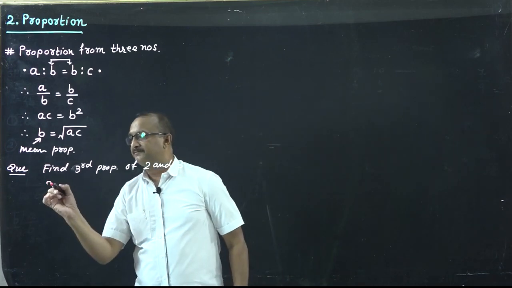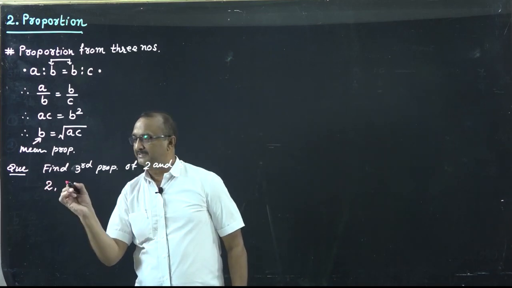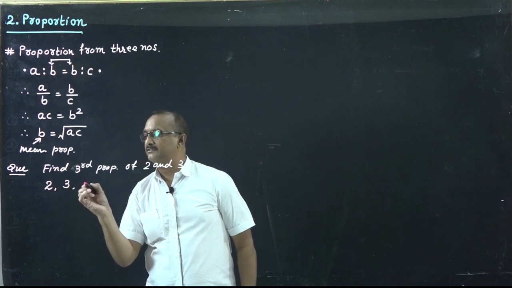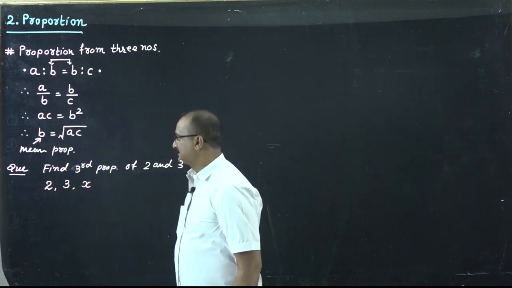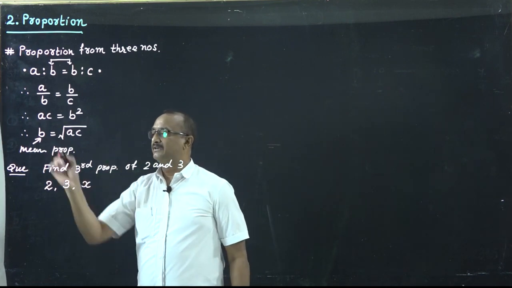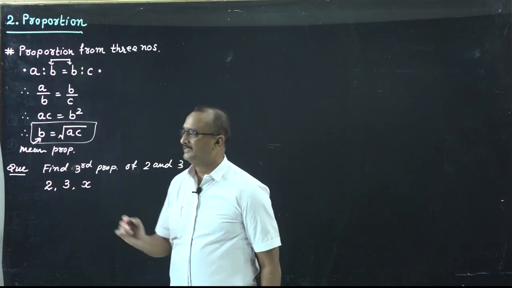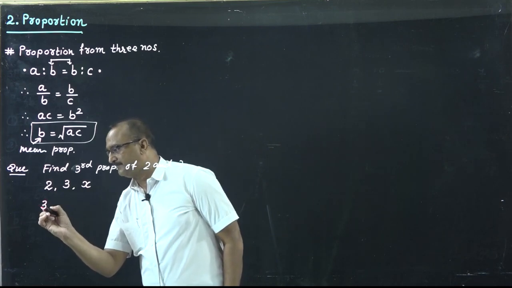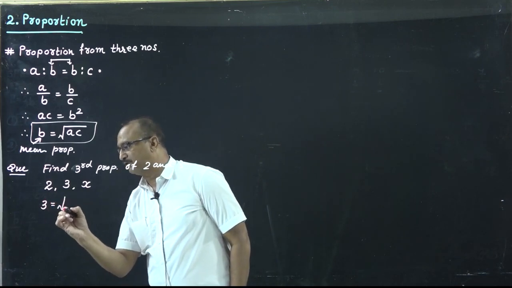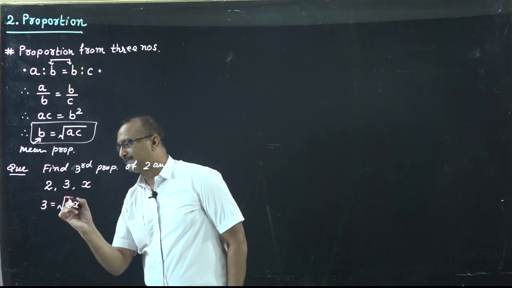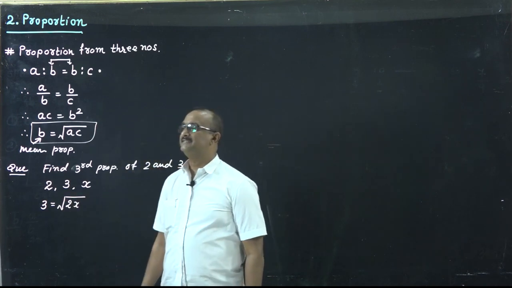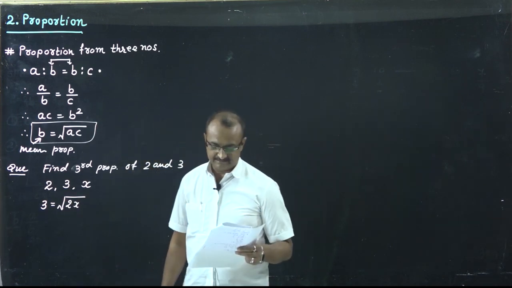So we can write first proportion is 2, second proportion is 3 and third proportion is x. Now what is our formula? B is equal to under root of AC, means the middle term is equal to under root of 2x. B is equal to under root of AC.